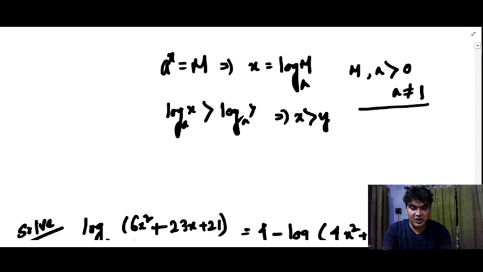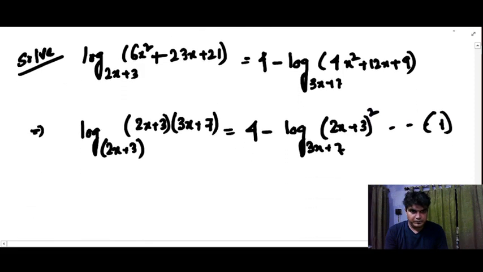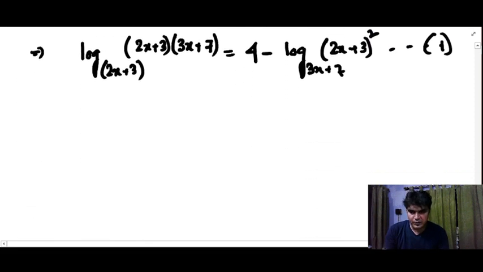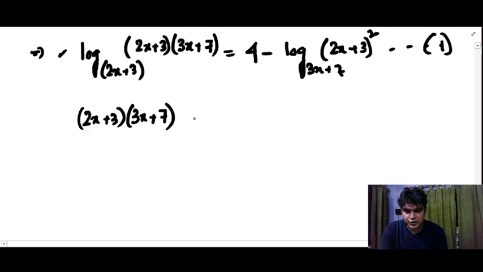So we have to check in which intervals m and a are greater than 0, and a is not equal to 1. Let us check that. For the first part, 2x plus 3 into 3x plus 7 should be greater than 0.